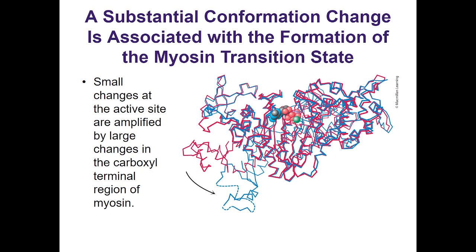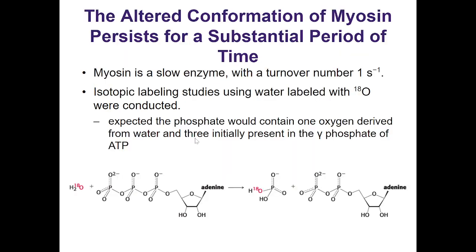You can tell this fairly easily if you look here. See, the blue corresponds to this state right here. You can see that it's been sucked into this active site more, so you're having more binding, right? And the red here is the other one that's a little bit further away, and it has this part that's swung up there. Okay, so the altered conformation of your myosin is going to persist for a substantial period of time.